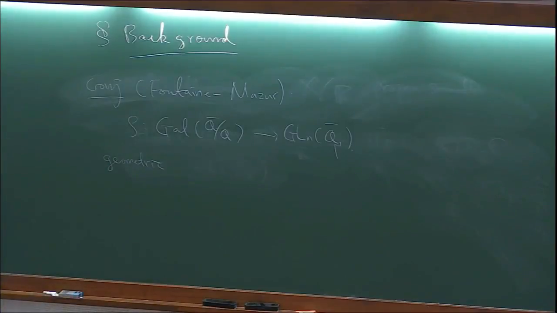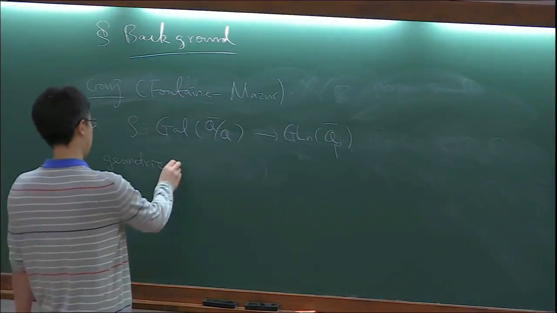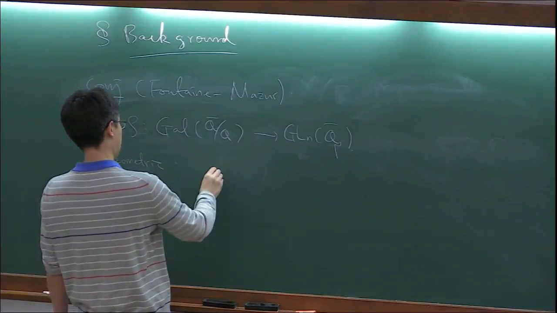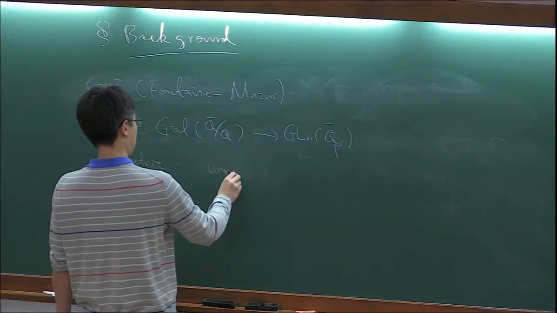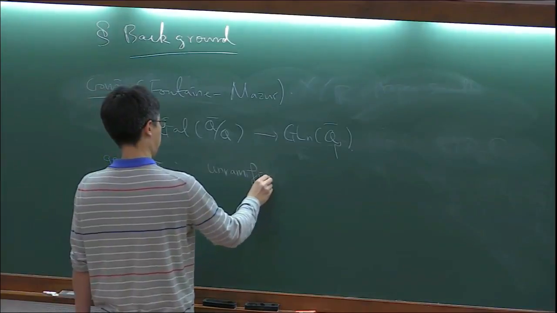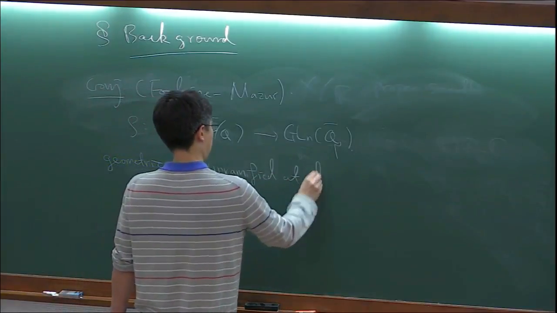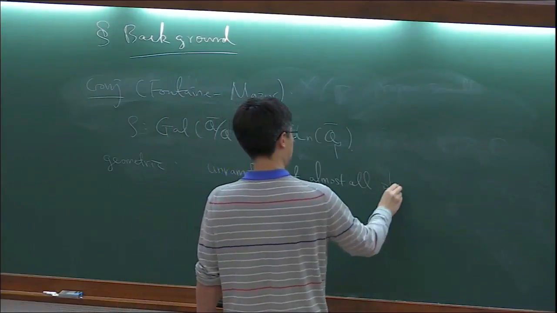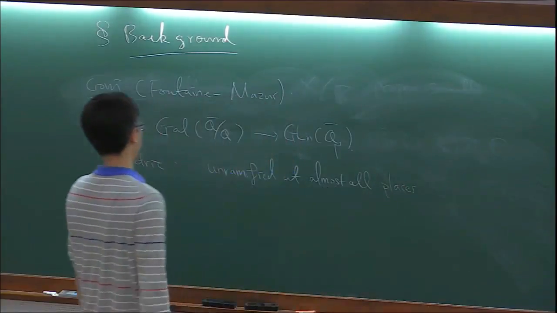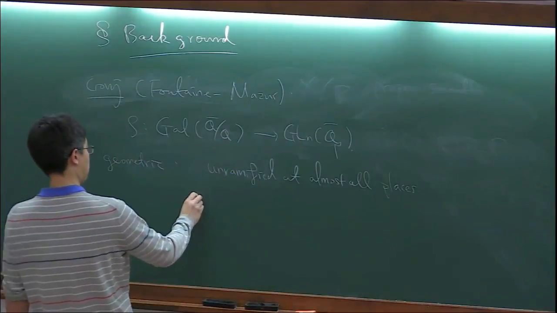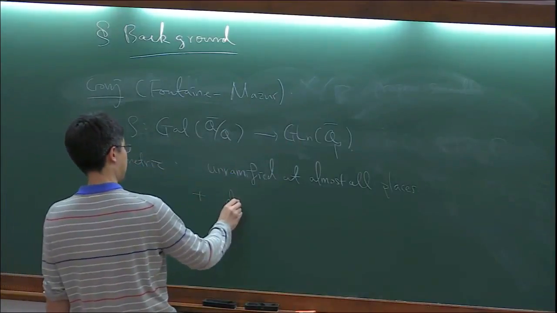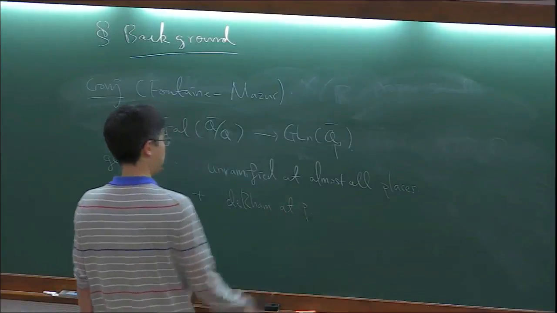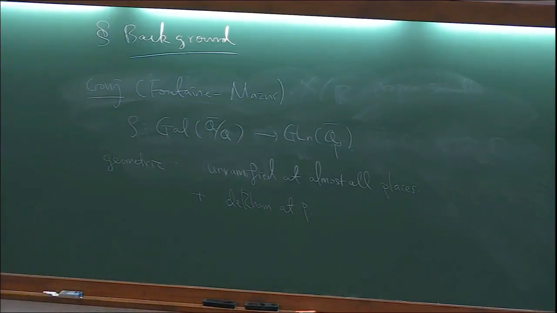Geometric, in the sense of Fontaine-Mazur, just means unramified at almost all places plus de Rham at p. Yeah, these two properties are called geometric.